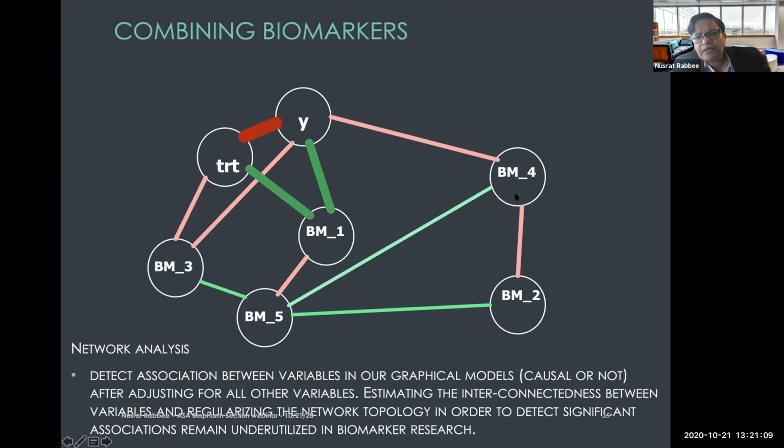And you can find these triads or networks of biomarkers. You can find the topology of all the biomarkers. And it's been used in a lot of fields, but it's underutilized in clinical trials. As we get more and more biomarkers, we should be using graphical methods to elicit the interrelationships in this way.